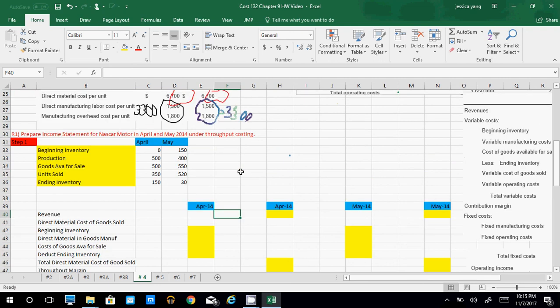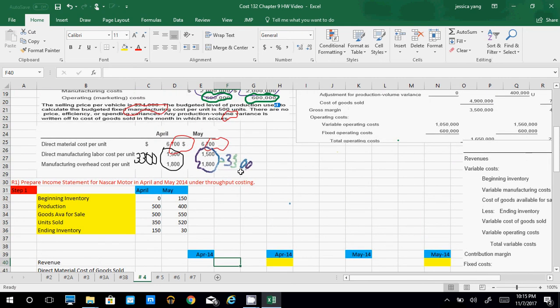For revenue, the selling price of a vehicle is $24,000. We sold 350 units in April.